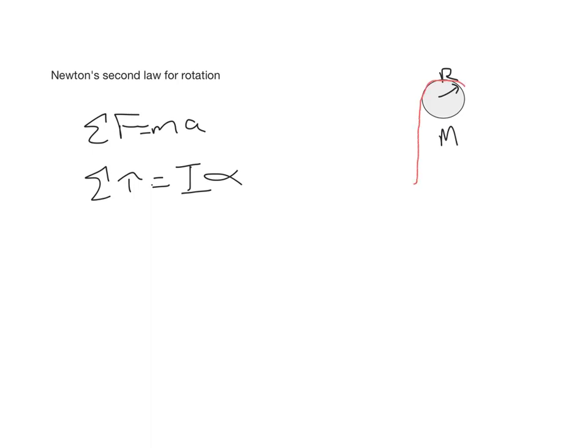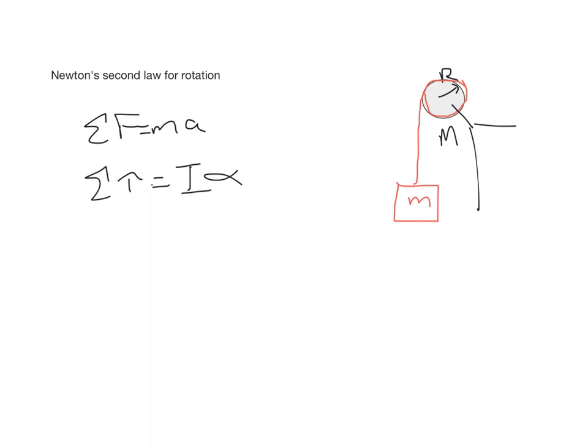So if we have a string wrapped around a pulley and then a mass attached to it, so this string is kind of wrapped around there, kind of like a yo-yo would be. And we released that mass.